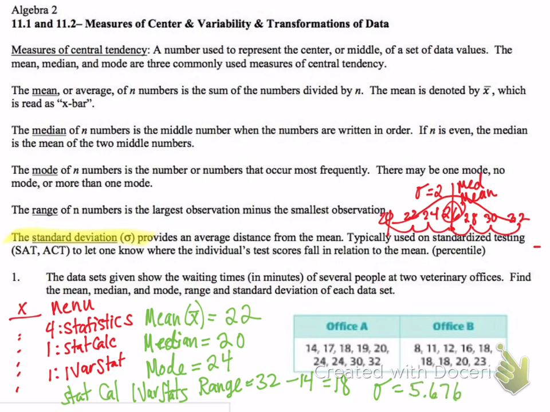If I wanted to change my data really quickly without having to do stat calculations all over again, I scroll to the left to my original list and type over that data. This is for an Inspire. I'm going to go to number 1 where it says 14 and put 8, 11, 12, 16, 18, 18, 18, 20, 23.